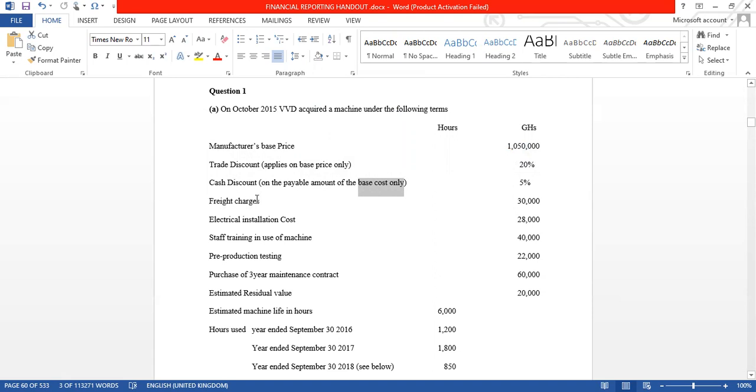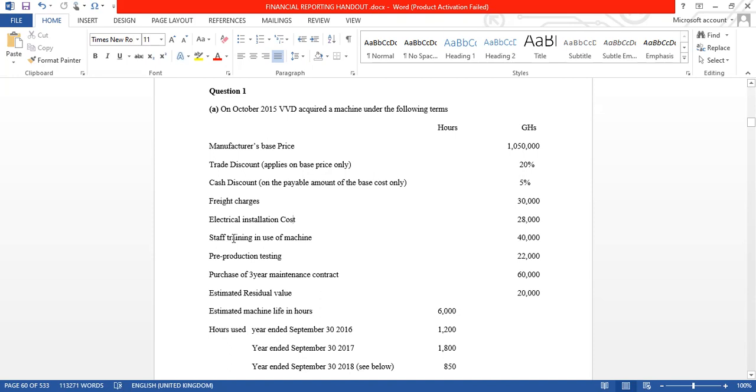We have freight charges, electrical installation cost, staff training in the use of the machine, pre-production testing, and purchase of a 3-year maintenance contract.